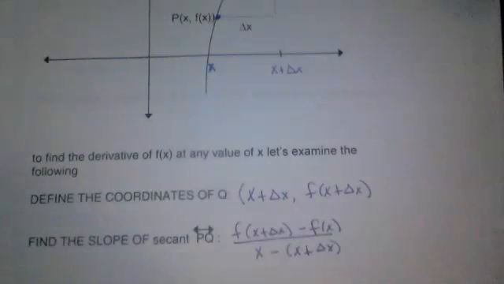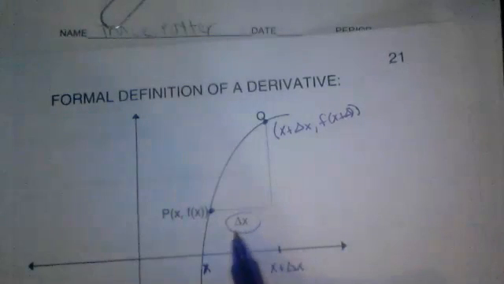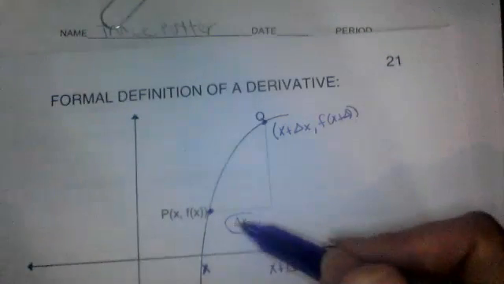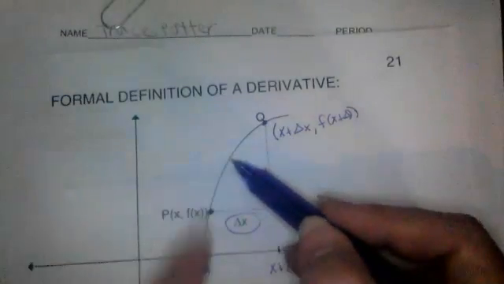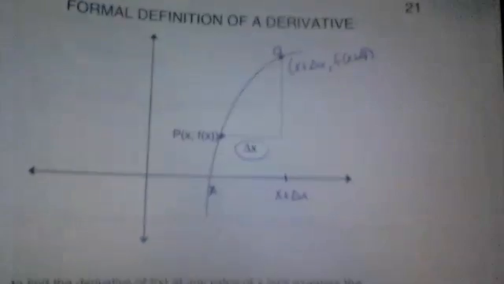But since both of these points are arbitrary, then what we're going to do is just take this delta x, this change in x, and make it as close as we can to 0. So by making this change close to 0, it's going to bring these two points close together, and we'll have that slope at a given point, or any arbitrary point.